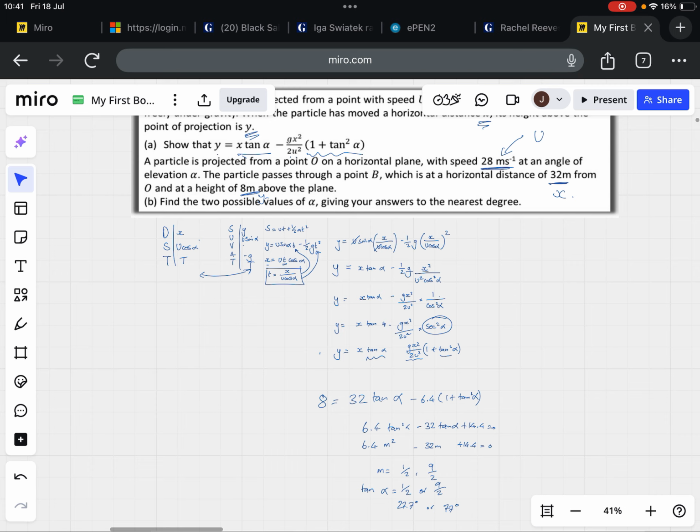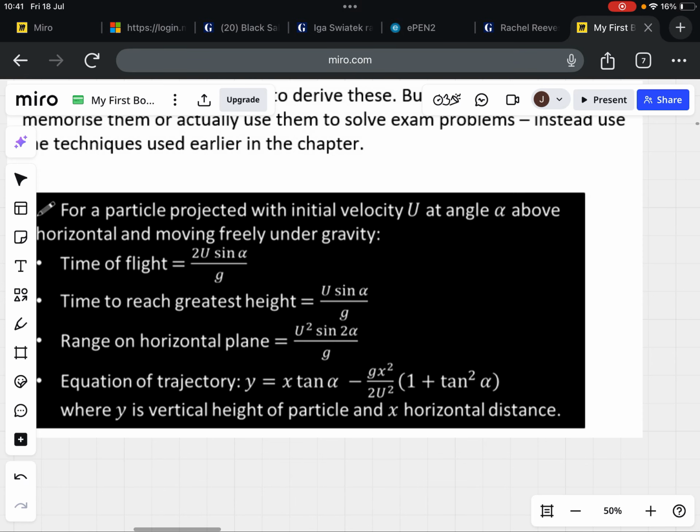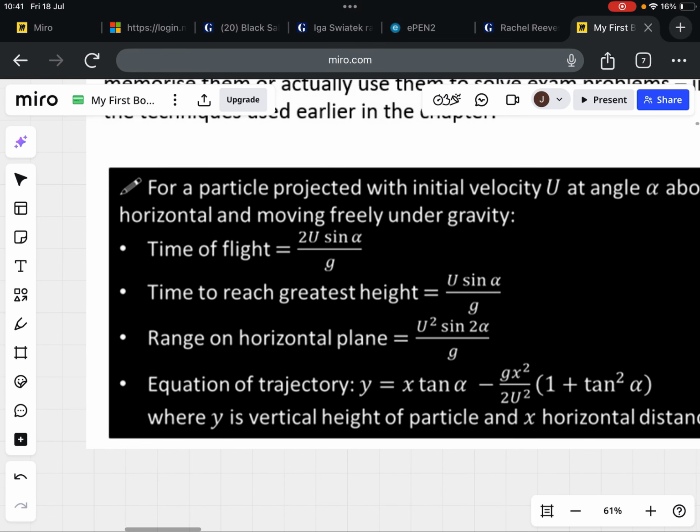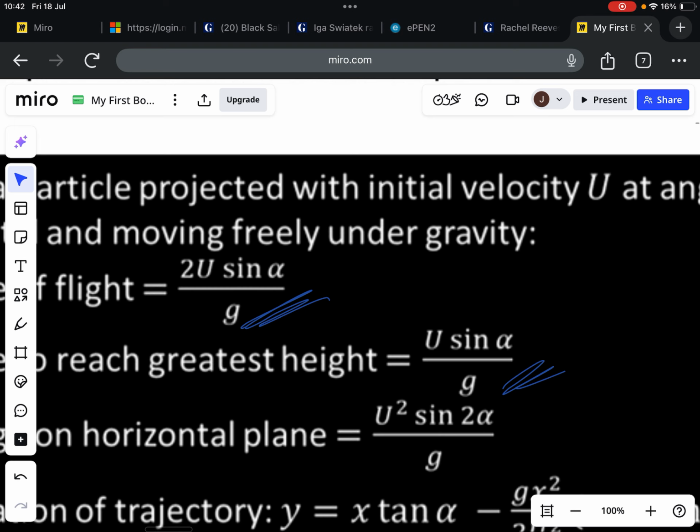Okay, there we go then. So I'll just talk through these final results. You're not expected to memorize them, but it's good to have some awareness of it. So time of flight we worked out in the first question. Time to reach the greatest height, we didn't actually discuss this, but the idea is that this is half, right?